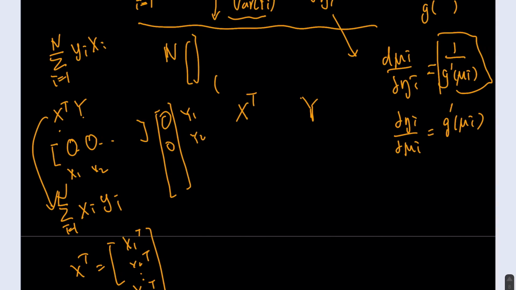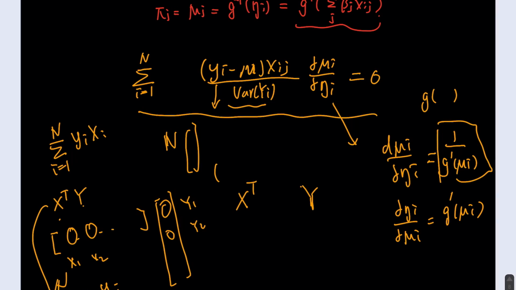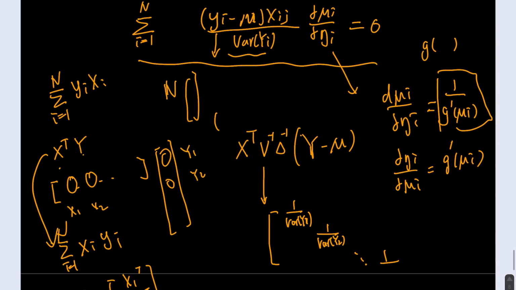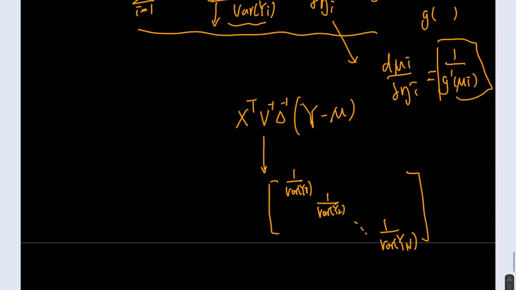And in the y part, it's not simply y, we also have minus mu. And then in the middle are two diagonal matrices. What are they? V inverse is a diagonal matrix with 1 over variance of yi on the diagonal: 1 over variance of y1, 1 over variance of y2, all the way to 1 over variance of yn.